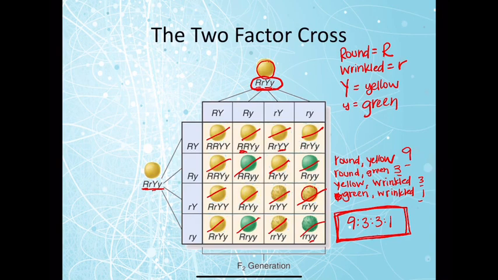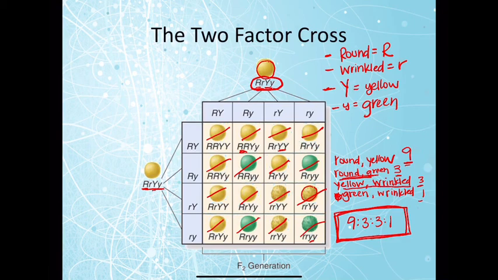The 9 is always going to be both dominant traits. The round trait and the yellow trait were both dominant, and that's where we had our 9. The 3s are always going to be one dominant trait and one recessive trait. So we had a round dominant with a green recessive here, and then a yellow dominant with a wrinkled recessive here.